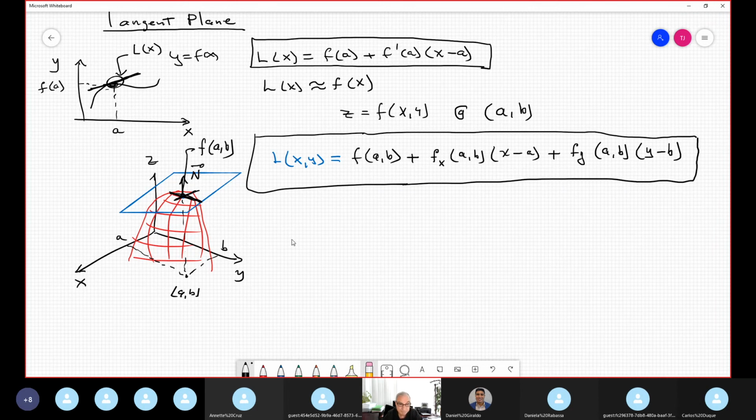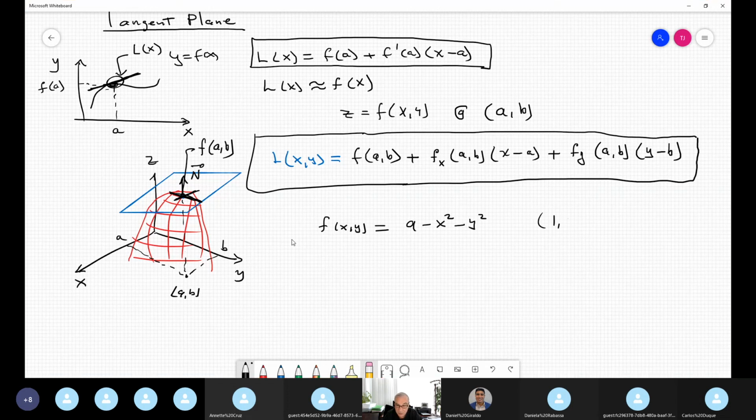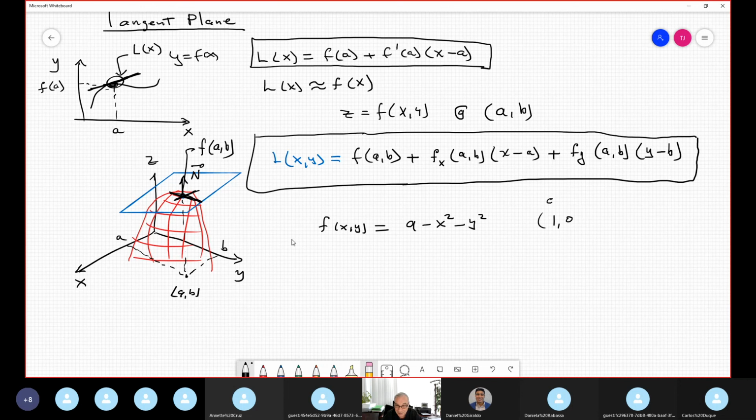Suppose the paraboloid f of x, y equals 9 minus x squared minus y squared. We need to find the linear approximation at the point 1, 0. This is a and b. The value of f is easy.